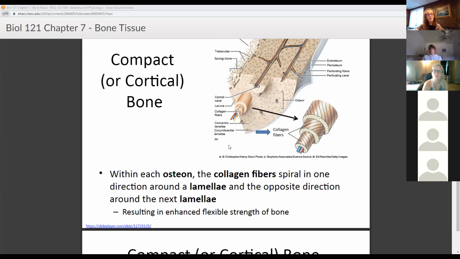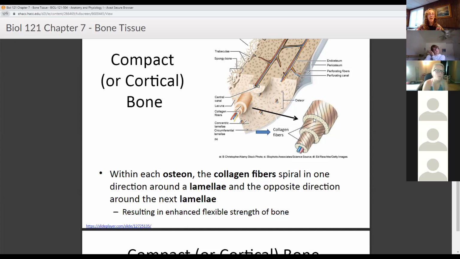Within each osteon, remember that's the cylinder here, within each osteon, the collagen fibers spiral in one direction. Here's the collagen fibers around the lamellae.